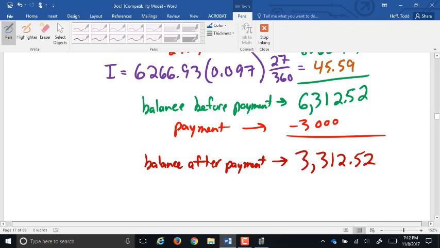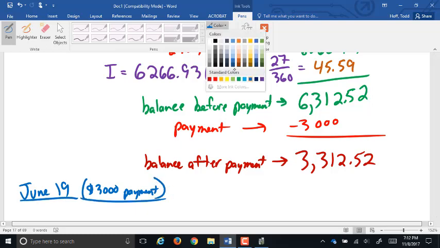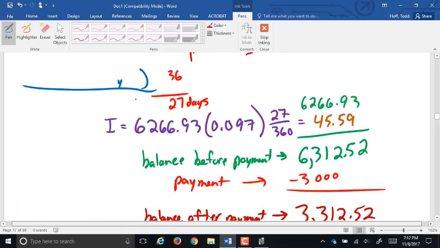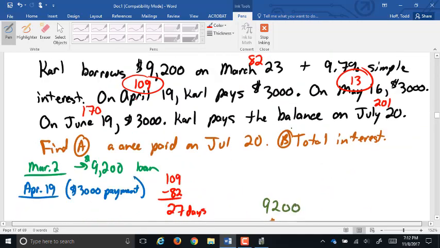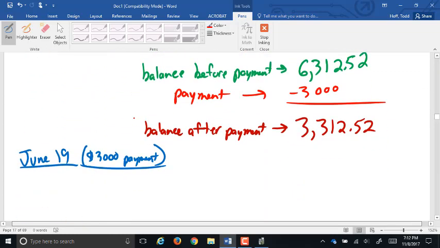Our next action is on June 19th, and that is a $3,000 payment. So what numbers are we going to use to figure out the days here? 170 and 136. The June 19th and the May. That comes out to be 34 days.